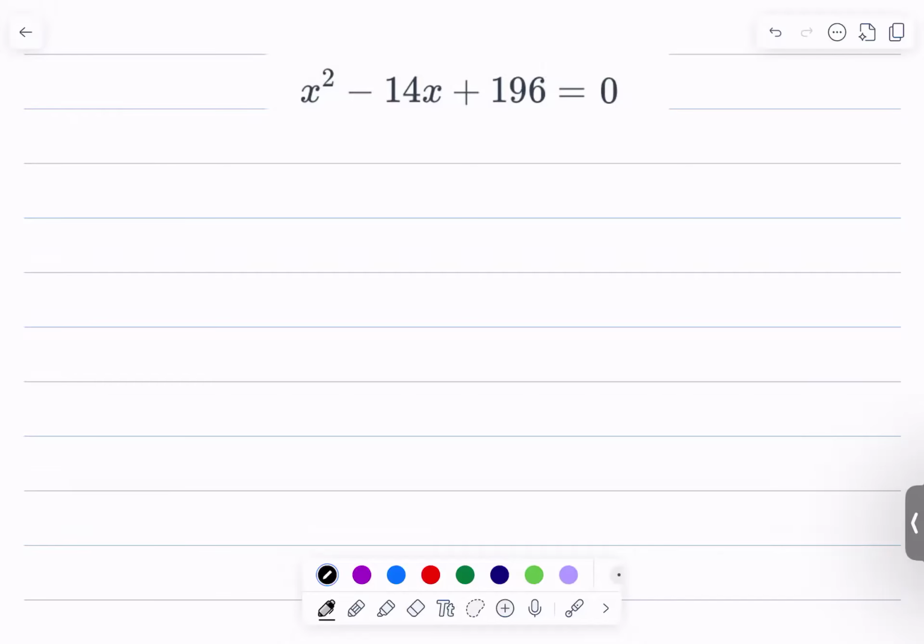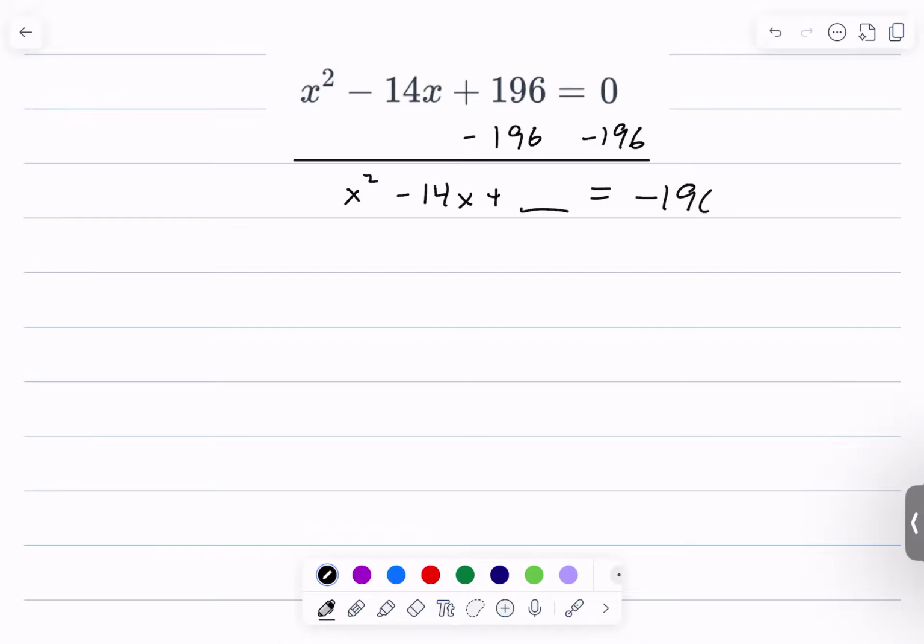but we're going to subtract 196 from both sides. And then we're going to have x squared minus 14x plus blank equals negative 196 plus blank. So we get the negative 14, half it, and square it, because my a value is 1.